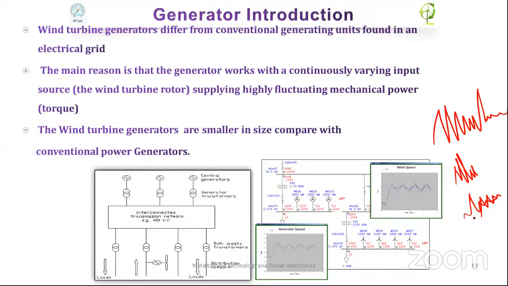So when you are connecting to the grid, the grid has to have stability. If there is no stability, the grid will fail. You might have read in the newspaper recently about the blackout in the Northern Grid, and 5-6 years back it also happened. Blackout means a complete shutdown due to the instability of the grid.